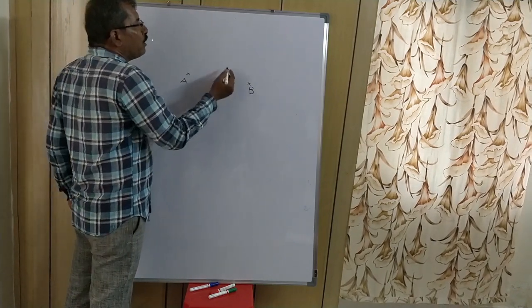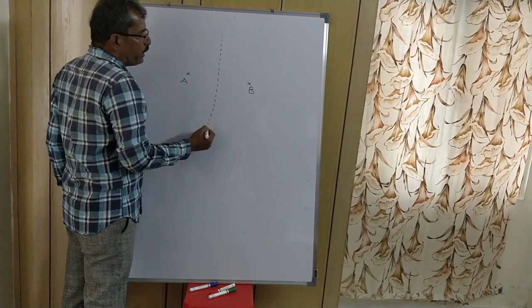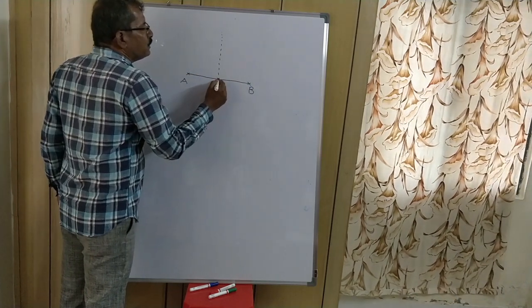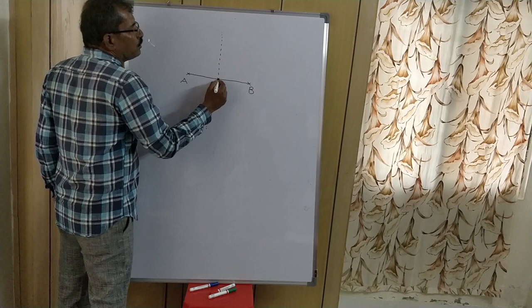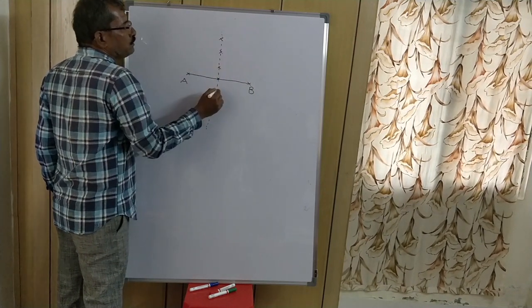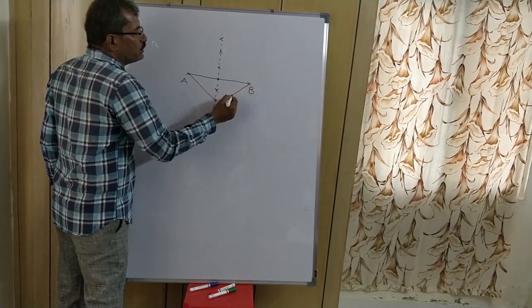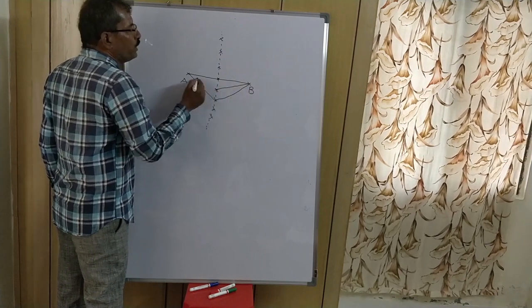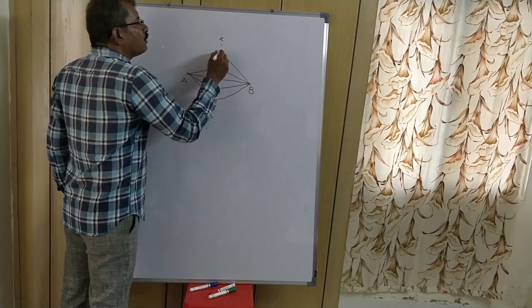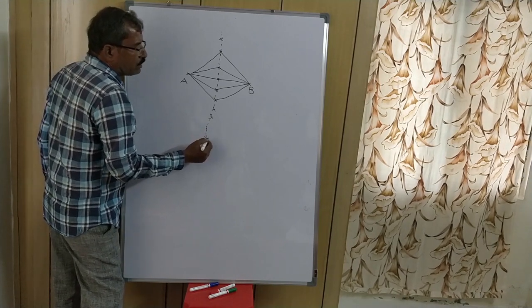The path of the points which are equidistant from A and B, let us say this is the midpoint. Like that, these are the different points. These all are equidistant from A and B. So the path of these points is called a line, which does not end.